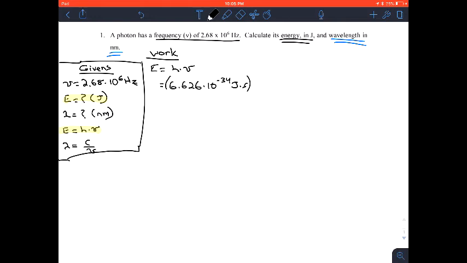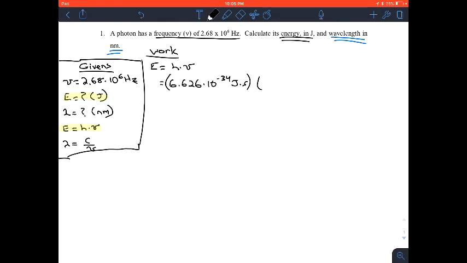Put this in parentheses just in case we need it later on, which of course we will. Now, we're going to multiply this quantity by the frequency, which in this case is 2.68 times 10 to the 6th hertz.